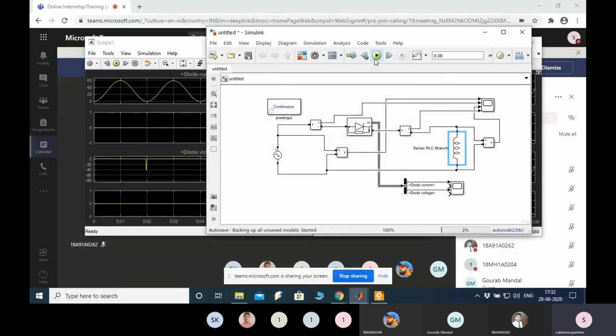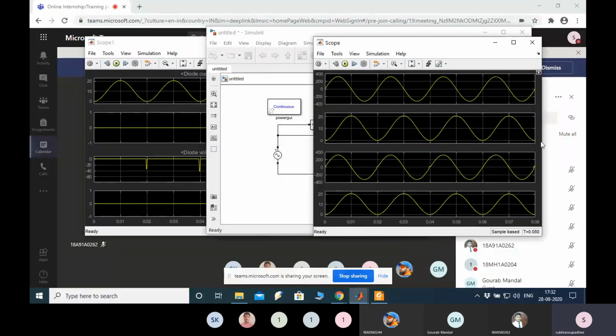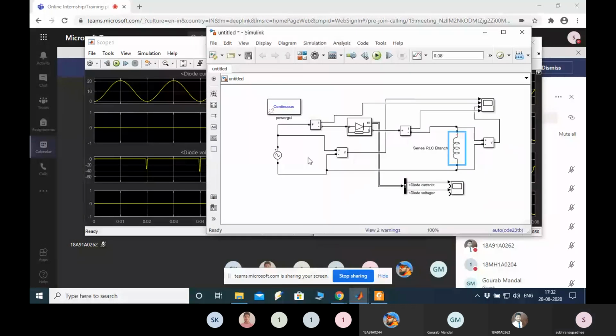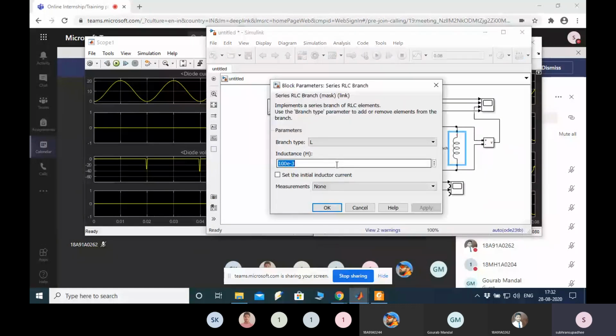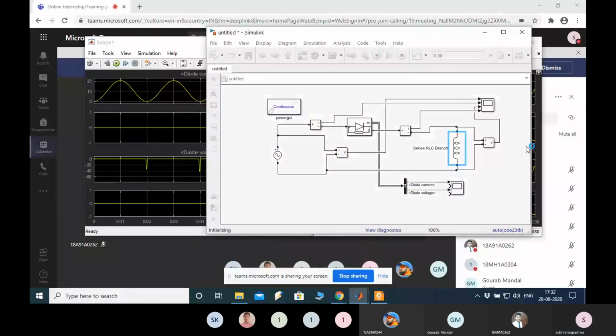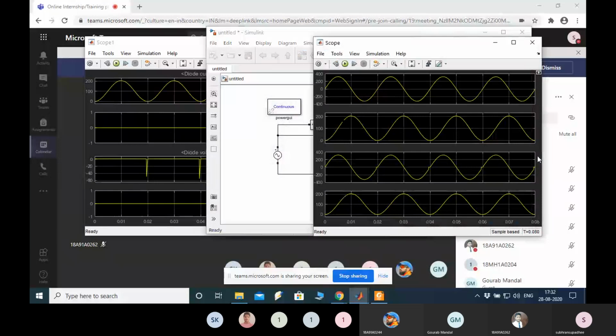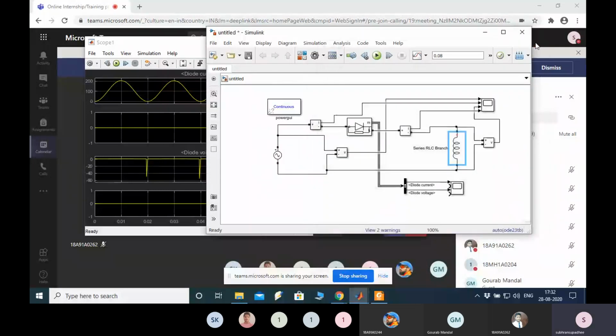That millihenry. Check it out. No, it's reducing. This glitch you can see over here in the output voltage, right?